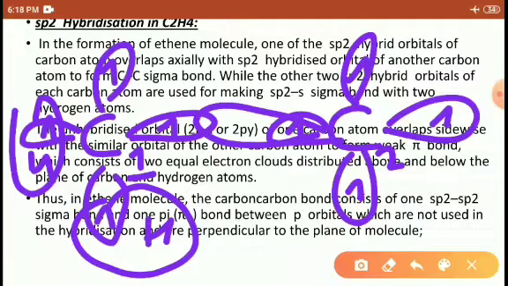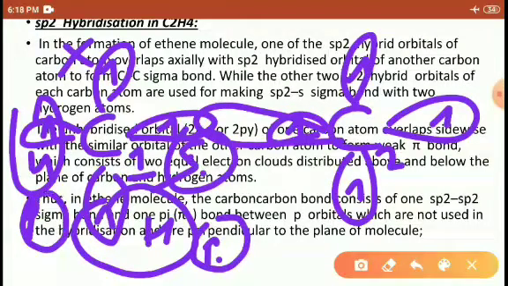So tell me, students, the s is hybridized, one p is hybridized and the second p is also hybridized, and this one is not hybridized because of the unavailability of hydrogen, right? So that's why only the 1s and 2p are hybridized, so it is called sp2 hybridization.